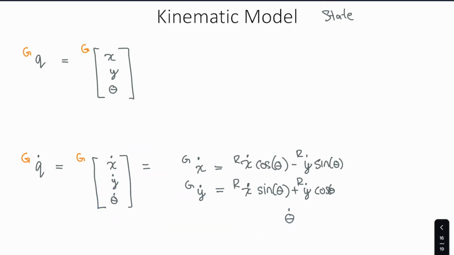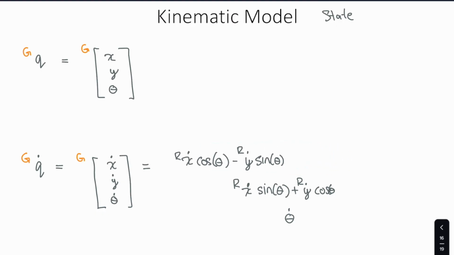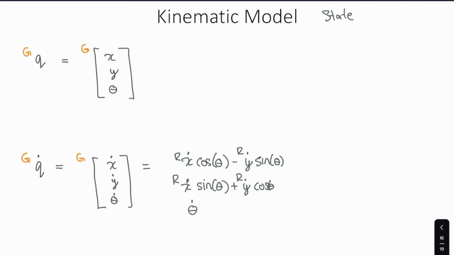Let's clean this equation up a little bit. A more convenient way to write this is to take into account that we see x dot R and y dot R in multiple places here, and write this in a slightly more readable format.